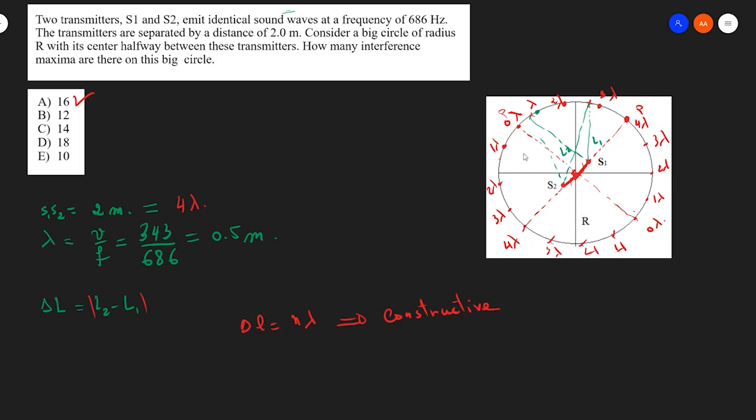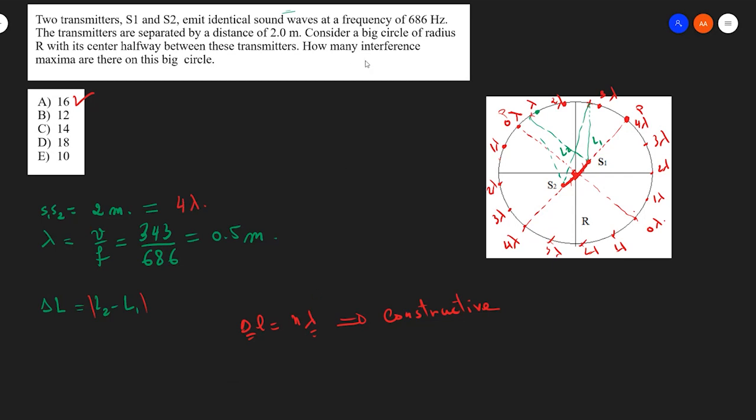I do it the same way, and I get all the points. You see, this works even if the two points here are tilted like this. They did not give us this angle, but it does not matter. You need to think this way: express delta L in terms of lambda.